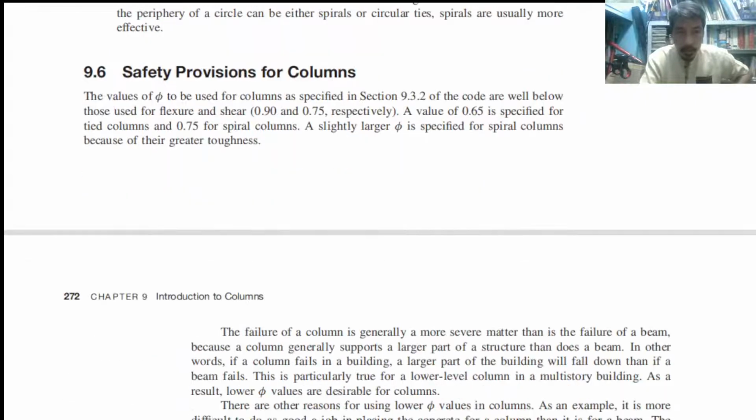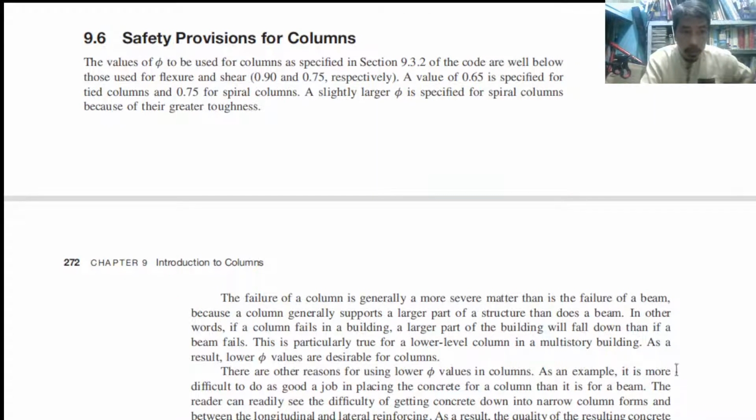So next is safety provision for columns. As I mentioned, for the column, the value of the reduction factor is 0.9 for flexure, and for shear, that is 0.75.